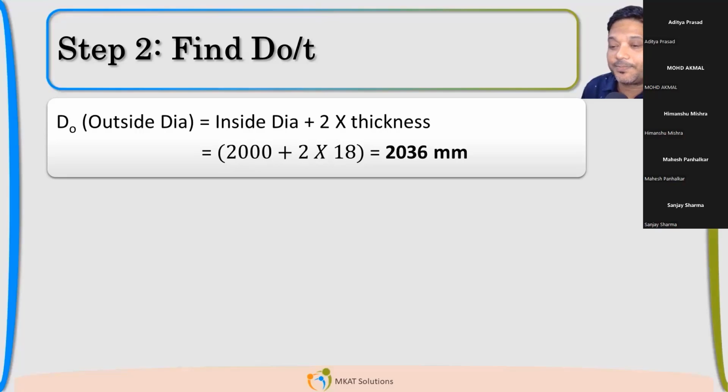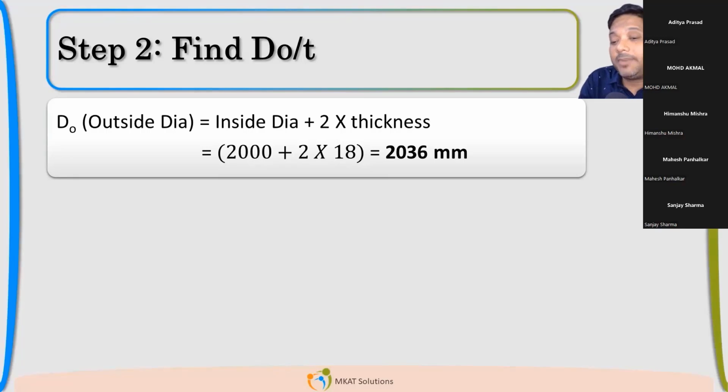Murin is saying correct. Anyone thinking 15? If you're thinking that, I will explain why not. Veera is saying 18. Rajesh Shekhar is also saying 18.